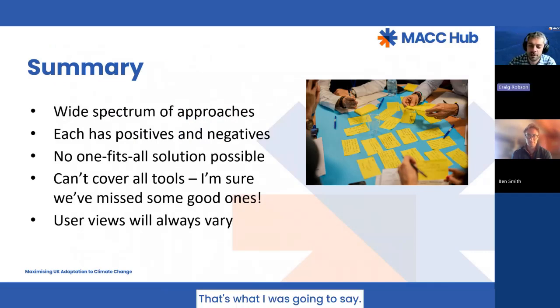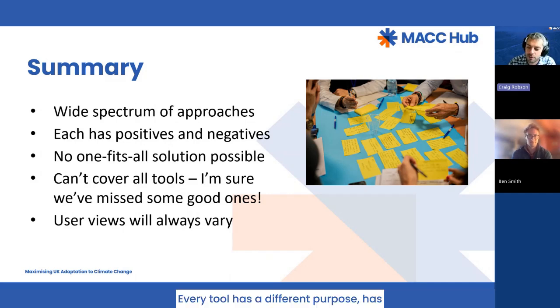That's what I was going to say. I know a lot of you have probably explored climate data and looked at tools, so I'm not going to bore you with lots more tools. But hopefully that shows, for those that are less familiar, that there's a large wealth of tools already out there. There's a huge amount of data. And every tool is different, and there is no one right tool.